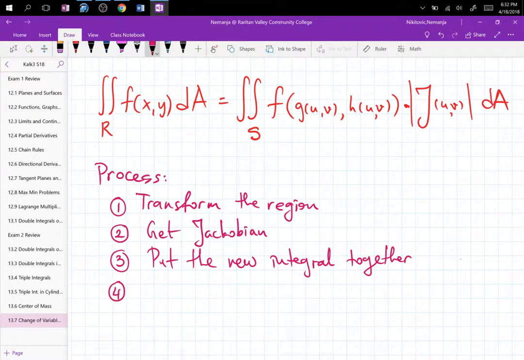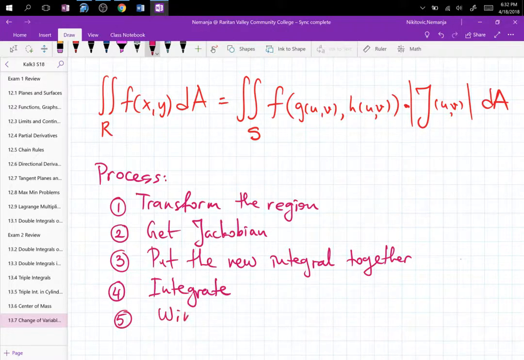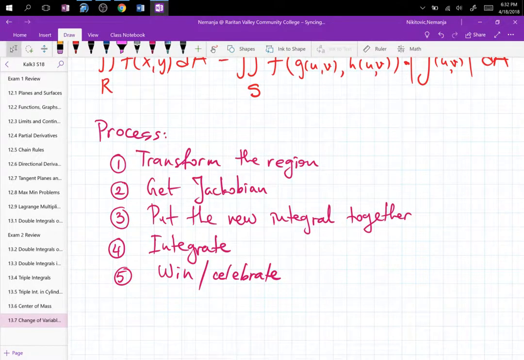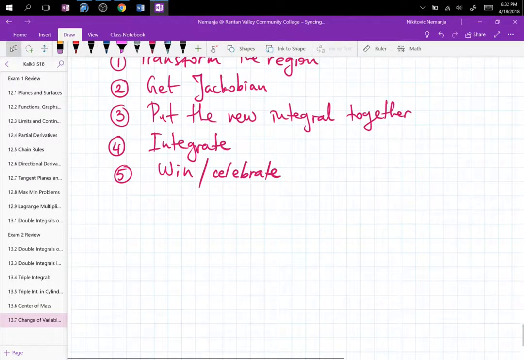Number 4, integrate. Number 5, win/celebrate. There you go. You should do this, right? Because when you accomplish one of these problems, it's always a little victory in itself.